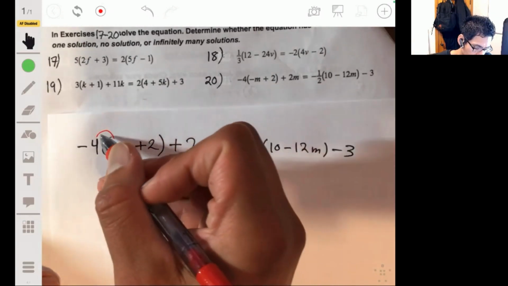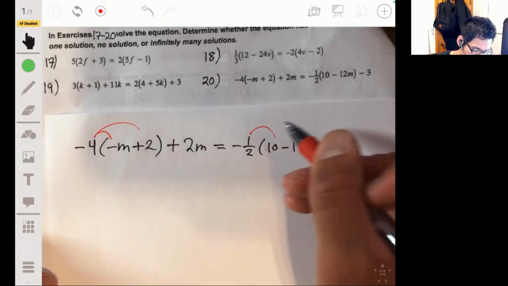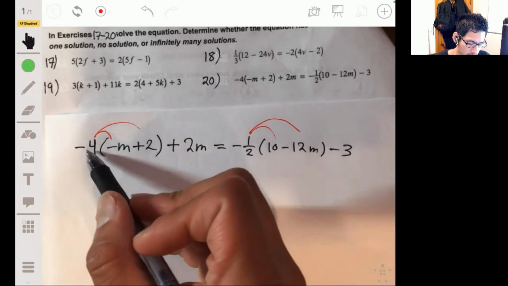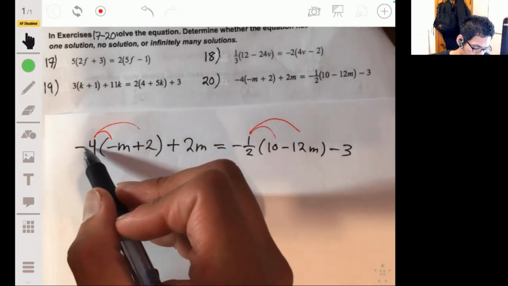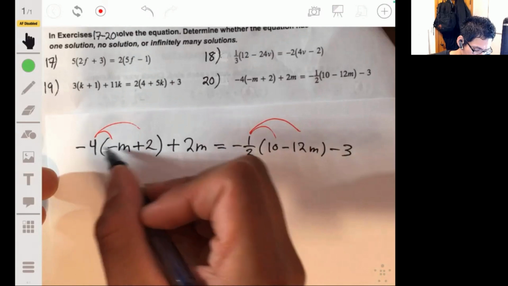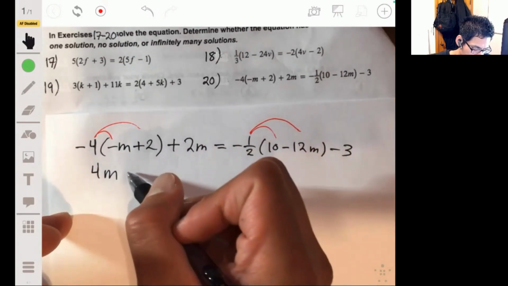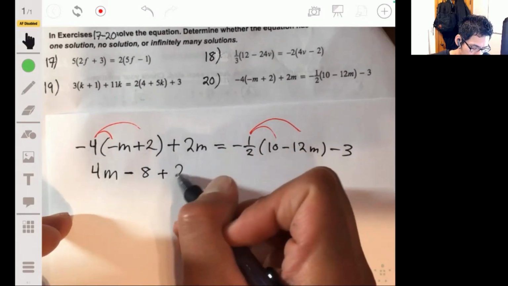Negative 4 times the negative m. Negative 4 times the positive 2. Then negative 1/2 times the 10. Then the negative 1/2 times the negative 12m. Negative 4 times the negative m. As you know, two negatives make a positive, so negative times the negative is a positive. Positive 4m. Negative 4 times the positive 2. Negative 8. Drop this 2m.